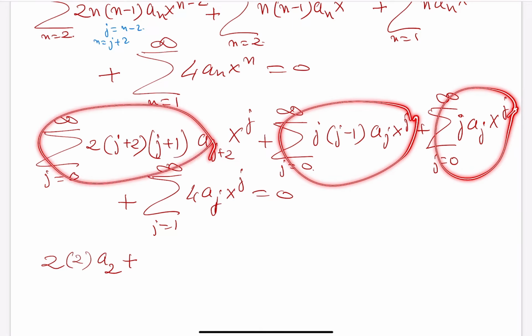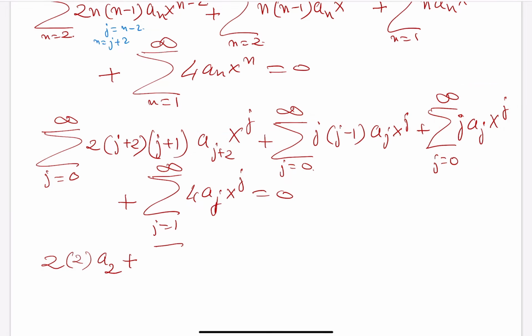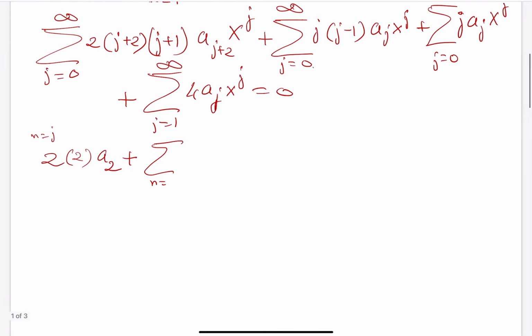But here, if j is equal to 0, I will have this, okay? Then let me go ahead and change it back to n. Let me use the dummy variable, change it back, j equal to n. So then it's n starting from 1 to infinity, open the bracket. Now they have the same thing.